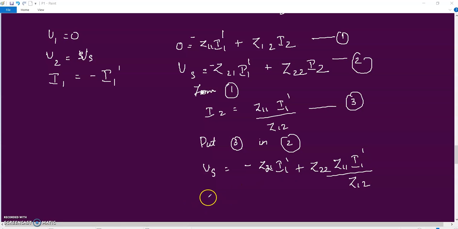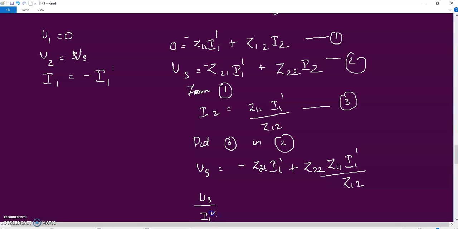So from this we will get Vs by I1 dash is equal to minus Z21 into Z12 plus Z22 into Z11, divided by Z12.